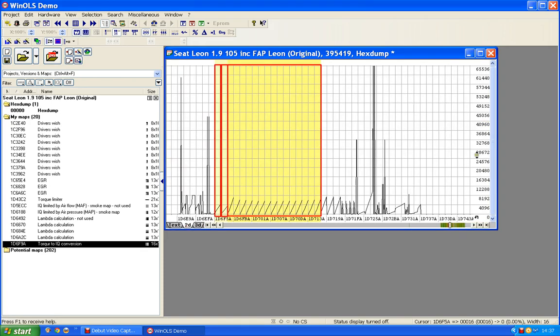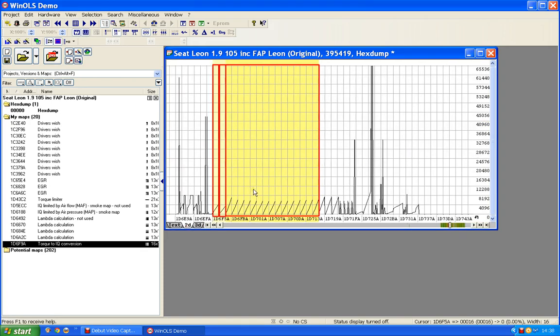Now quite often in these files there are other groups that look just like this. Now occasionally they are functional and quite often they are not functional, so it's quite possible that if we scroll further through this file we will find other groups that look just like this one looks. So it may not always be that you can find this as easy as I just did by finding it right next to the lambda calculation maps.